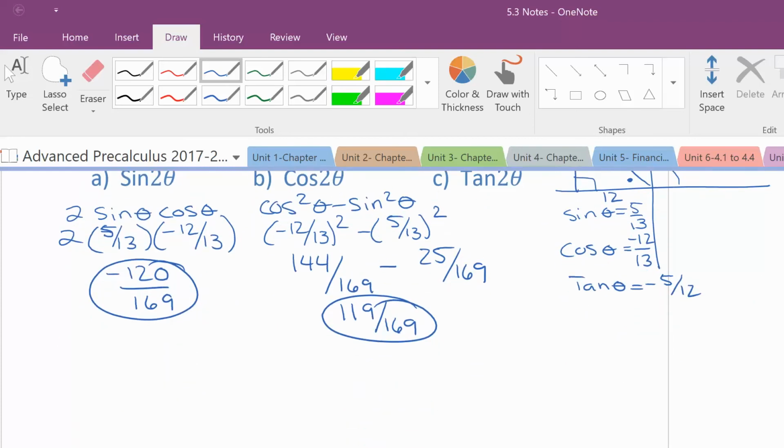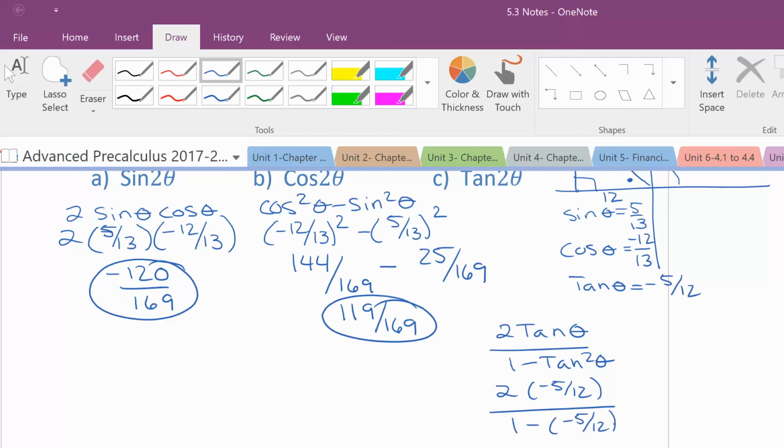For the tangent, remember it's 2 tangent theta over 1 minus tangent squared. So it's 2 times negative 5/12 over 1 minus negative 5/12 squared.